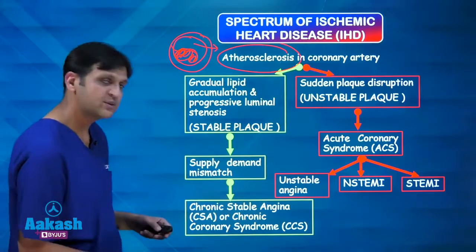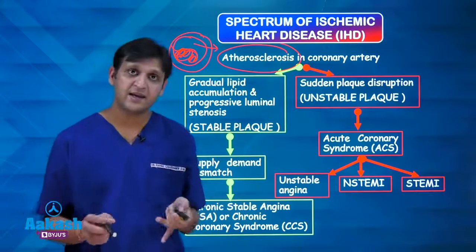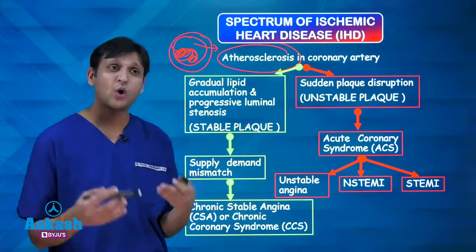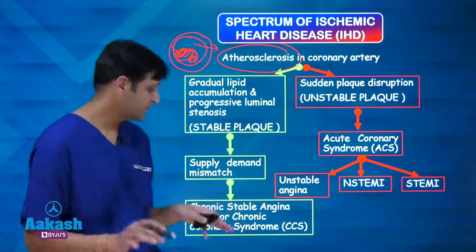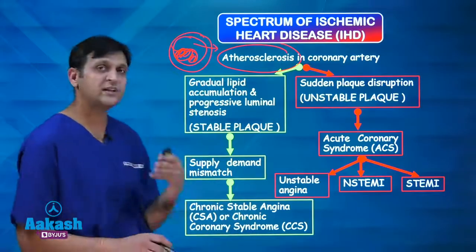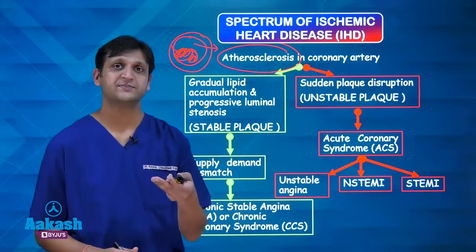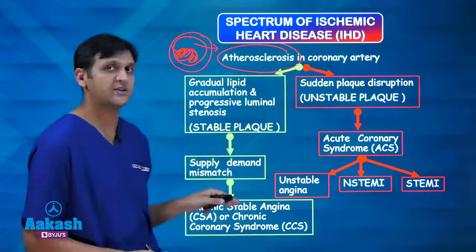And such patients present with what is known as stable ischemic heart disease, also known as angina pectoris, also known as chronic stable angina, and the newer term is chronic coronary syndrome, okay. So these are patients who will give you a history of repeated exertional chest discomfort. So this is the stable manifestation of ischemic heart disease.